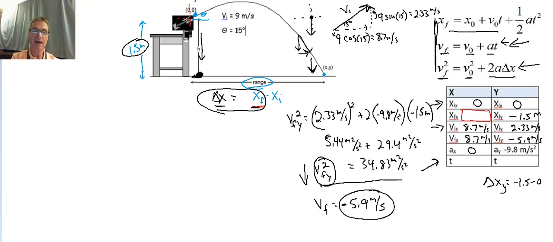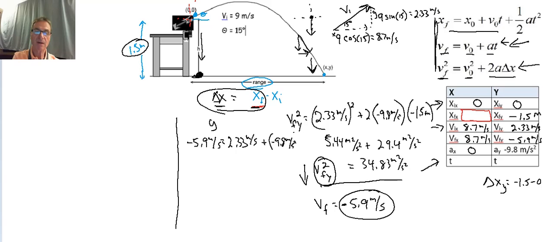All right, so let's do that again. So this is going to be the y direction stuff again. So v final, which is negative 5.9 meters per second, equals v initial, which is 2.33 meters per second, plus a times t. Well, a is negative 9.8 meters per second squared times t.